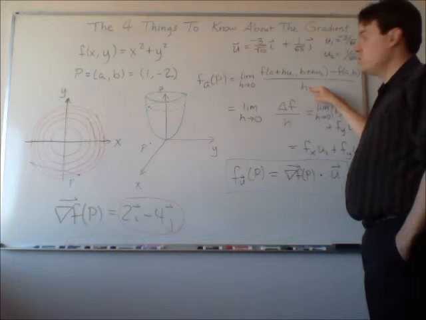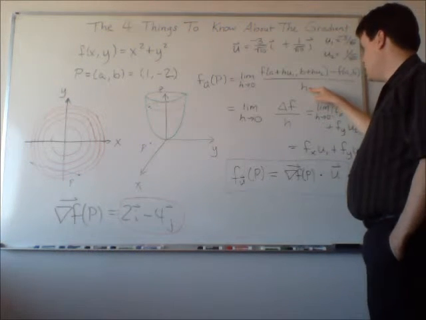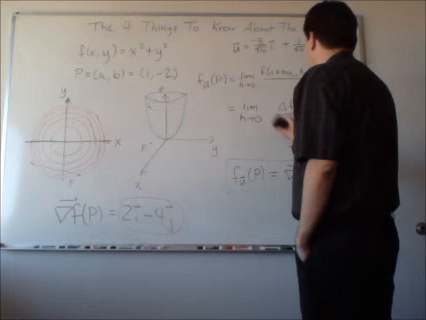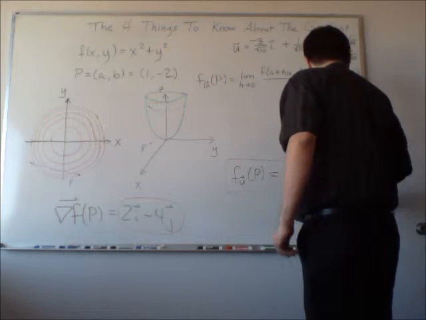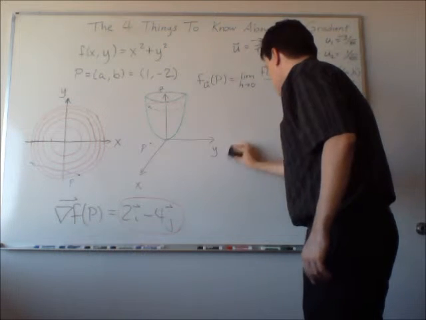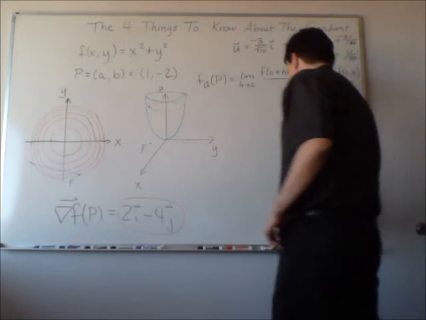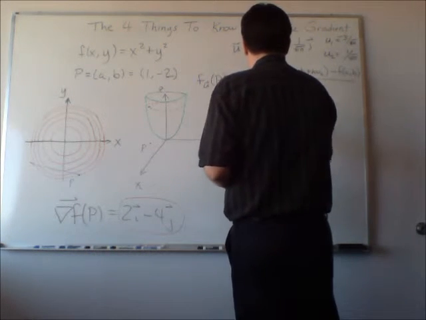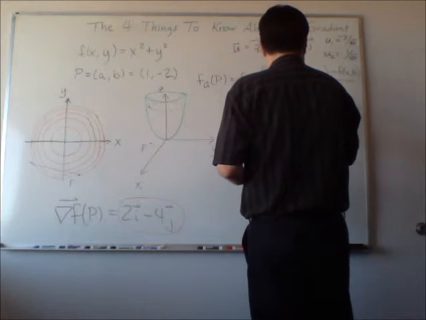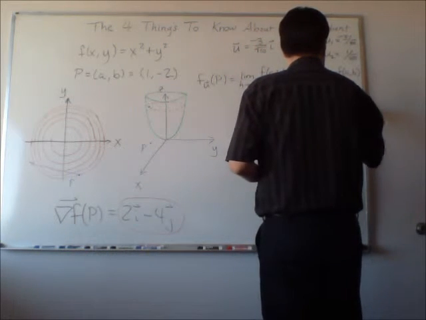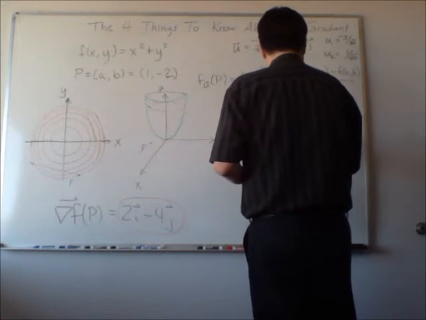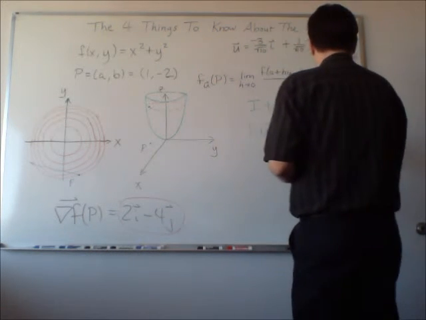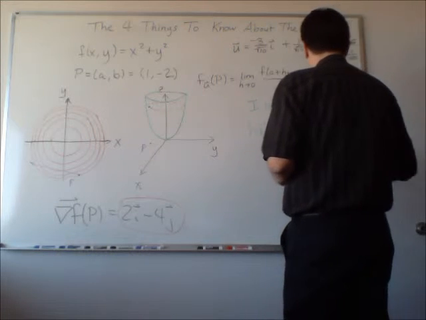But that is only true if u is a unit vector, because the vector that I traveled along was hu, which was hu1 i plus hu2 j.